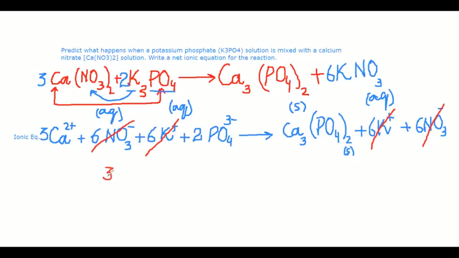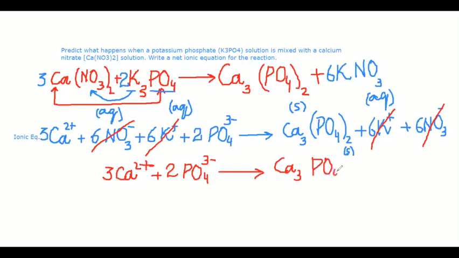So 3Ca2 positive plus 2PO4 3 negative gives us Ca3(PO4) twice.